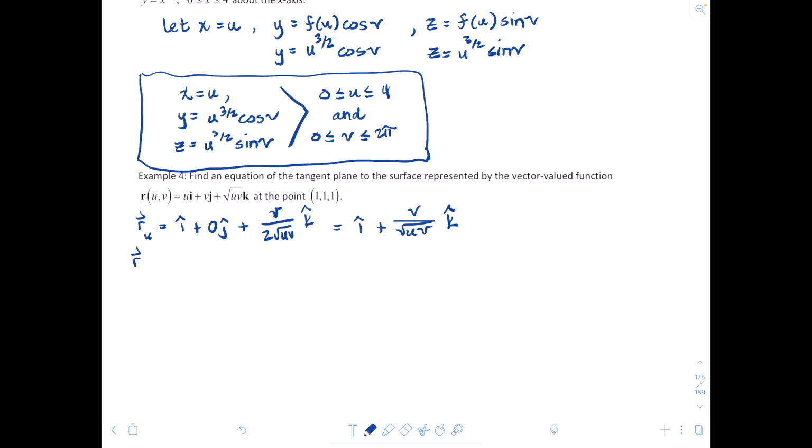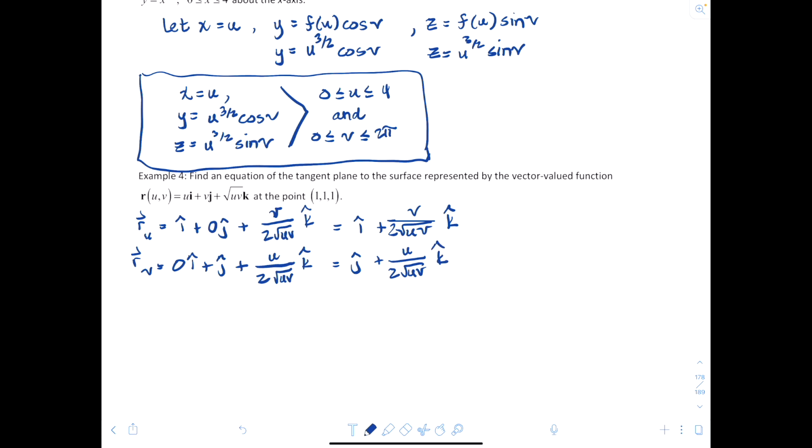The first partial of r with respect to v is going to be 0i plus 1j, and then plus u over 2, sorry, I forgot my 2 over here, 2 times the square root of u times v times k. So that will just be j plus u over 2 times the square root of u times v times k.